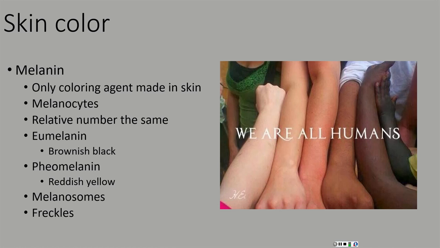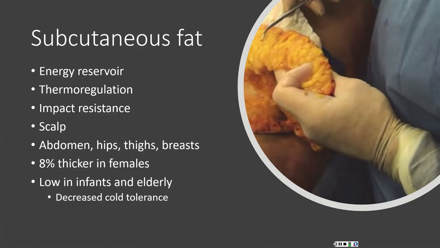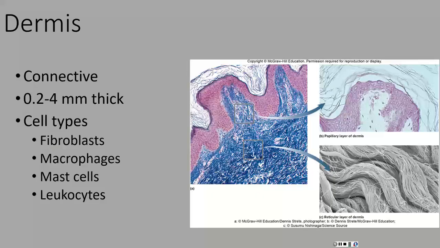They have extensions that kind of reach out in between the keratinocytes. And when they make this melanin, pieces of those melanocytes actually break off. Let's go back and look at our picture from before.